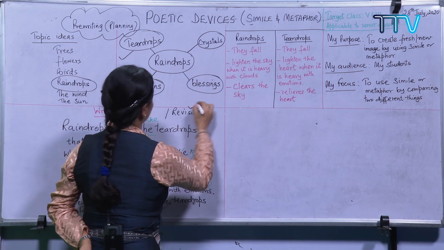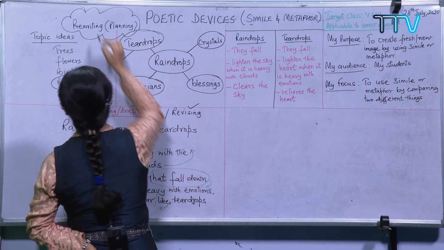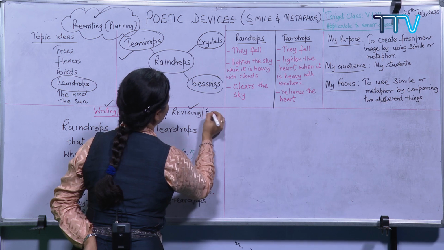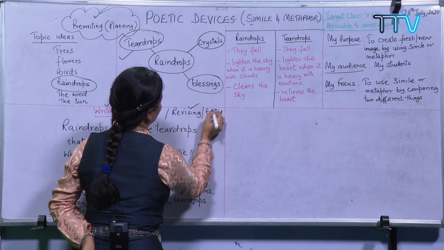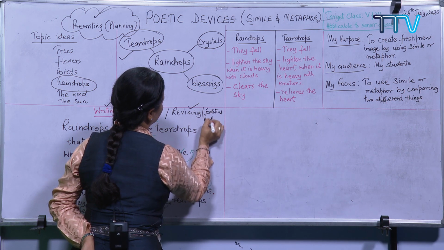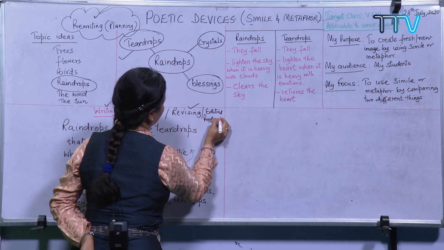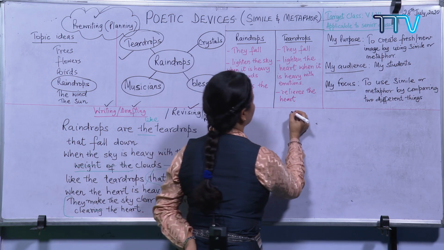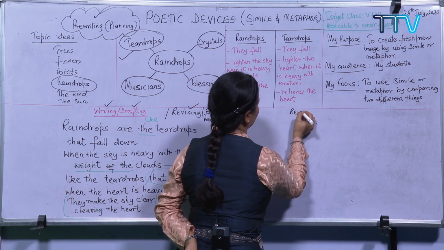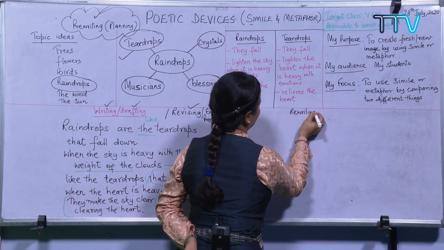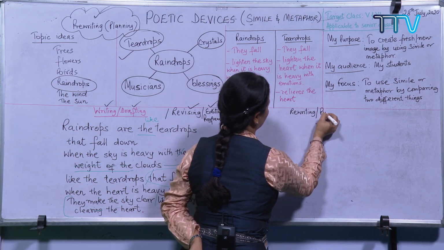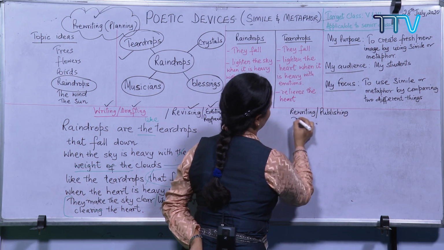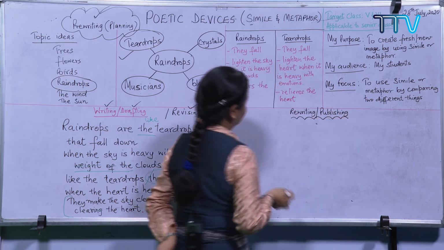Revising we have done, right, and we have also done proofreading, editing and proofreading. Now, the final part is rewriting, publishing. Okay, this is the last part.